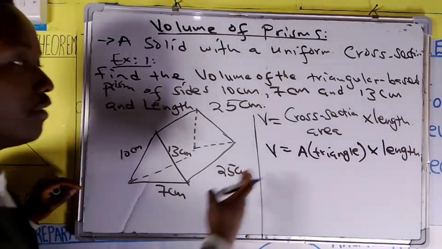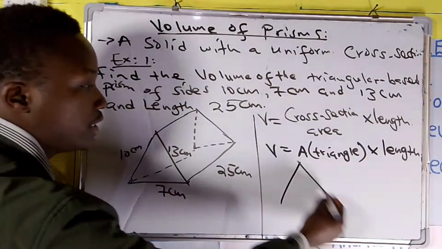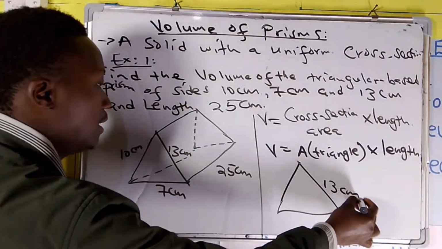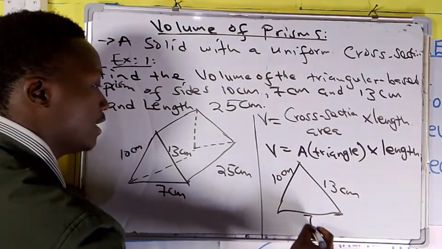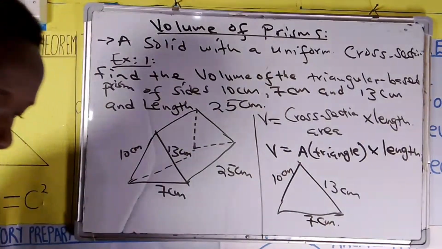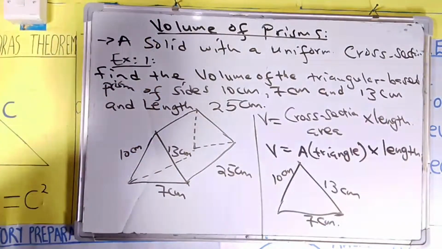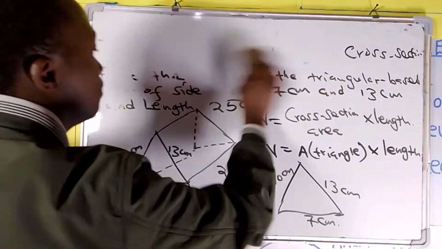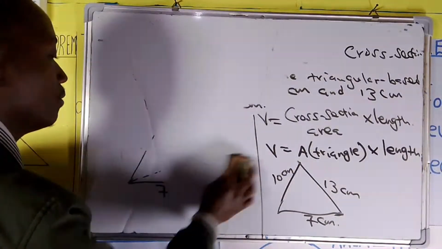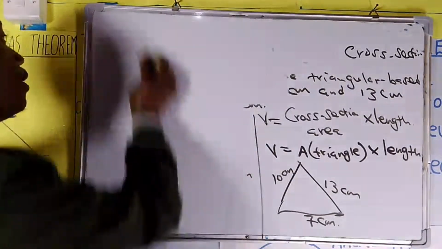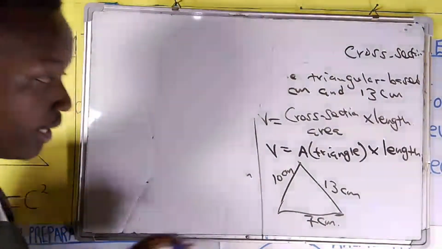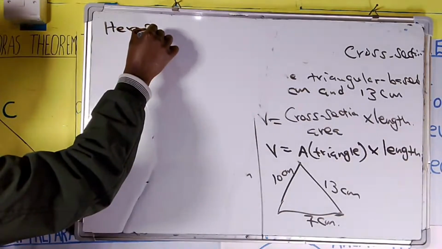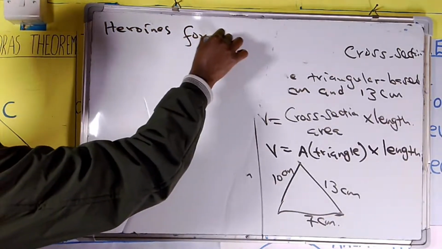Now, how do we find the area of the triangle? This being our triangle of sides 13 centimeters, 10 centimeters, and 7 centimeters, when three sides are known, we use what we call Heron's formula to determine the area.